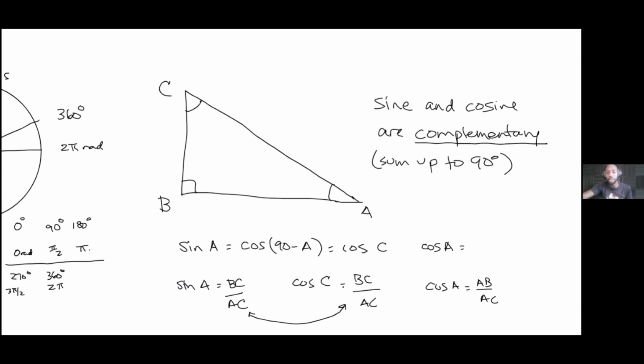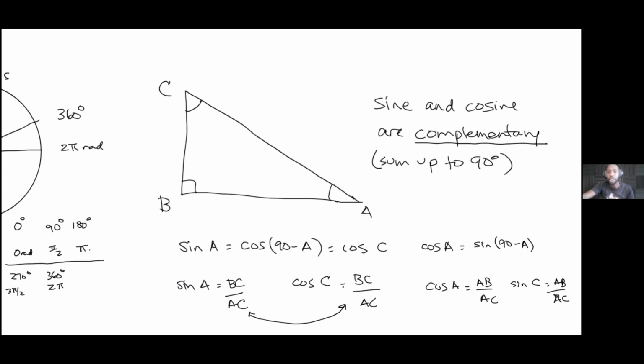The sine of C is also going to be AB over AC. Sorry. So again, this is going to be equal to the sine of 90 minus A. Okay, because again, 90 degrees minus A is going to give us C, and then that's going to give us AB over AC.